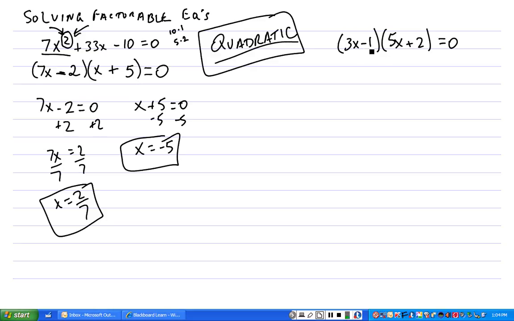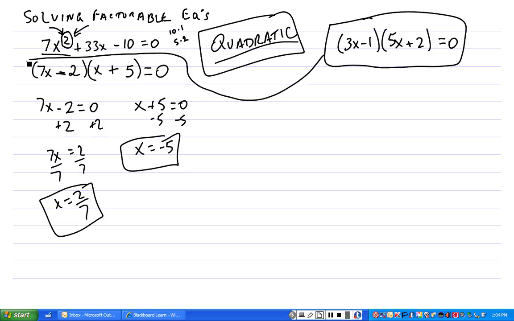What you need to recognize is that these are the actual factors set equal to 0, so you're already at a point where you're ready to solve for x, because this stage here is equivalent to being at this stage here.